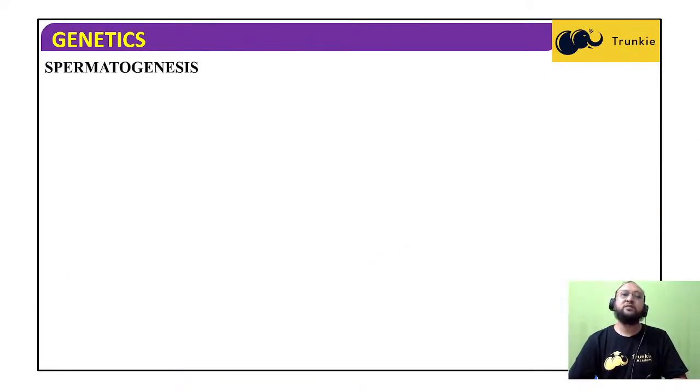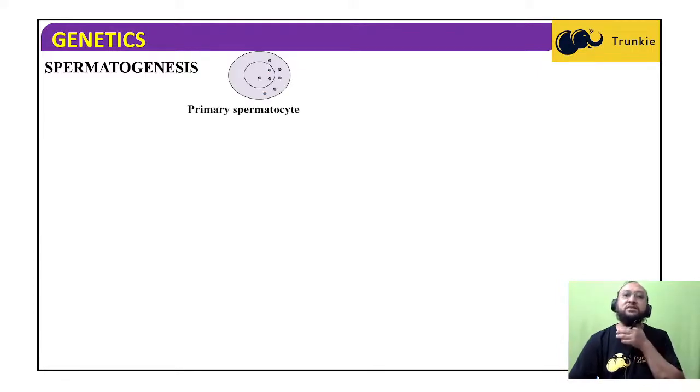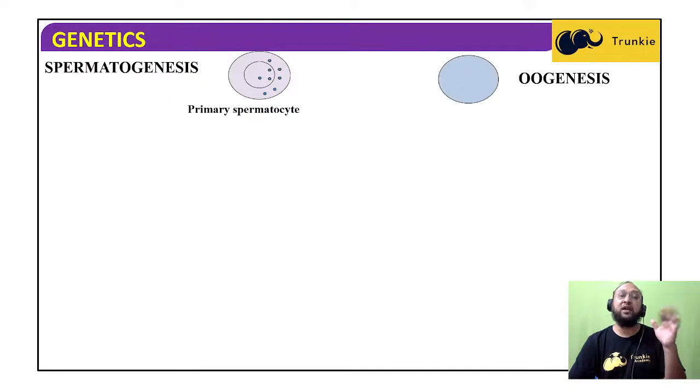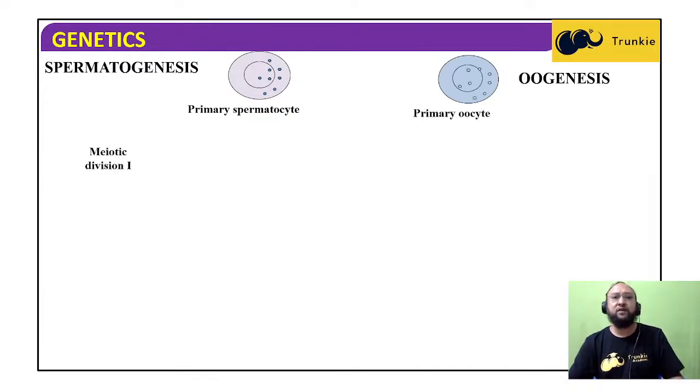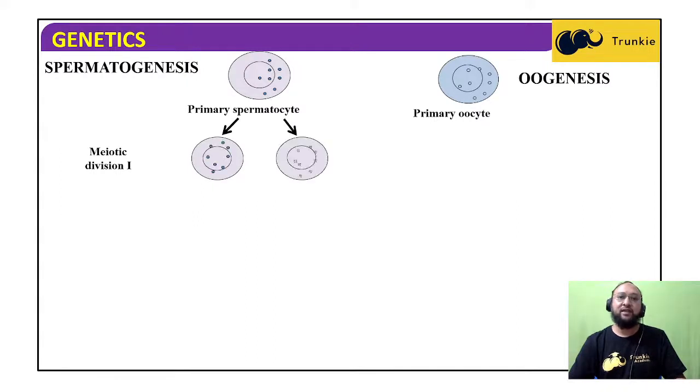In spermatogenesis, the primary spermatocyte is formed first, which I have already explained while teaching you about human reproduction. Then meiotic division takes place, and the secondary spermatocyte is formed.